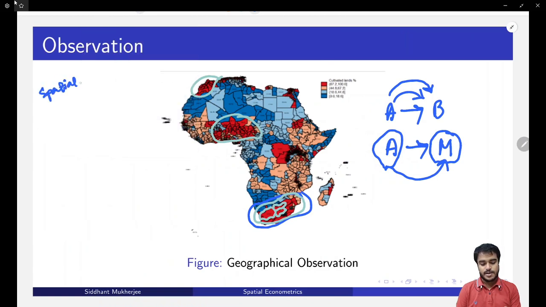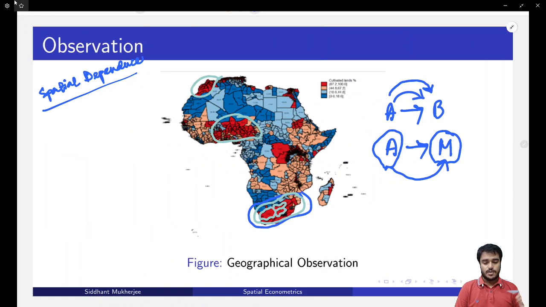Spatial dependence models are related to spatial autocorrelation, spatial autoregression, spatial moving average, and spatial ARMA, the autoregressive moving average process. In this video lecture series, we basically capture the time series properties, or time series analysis, of the spatial regression model.